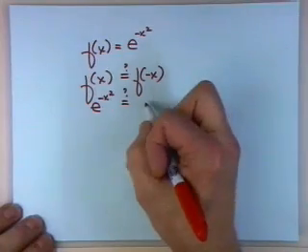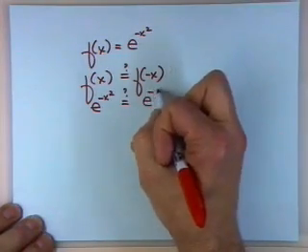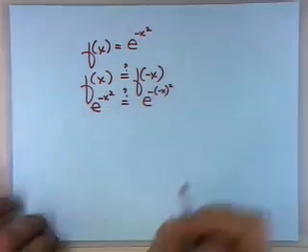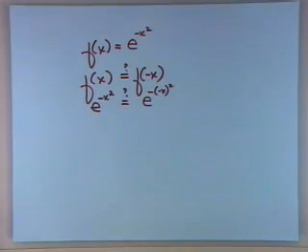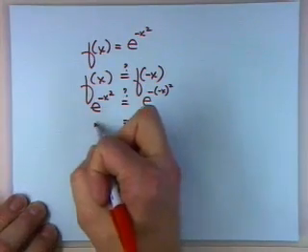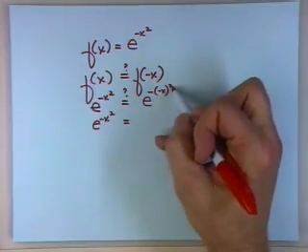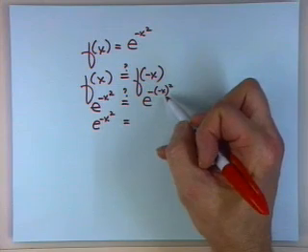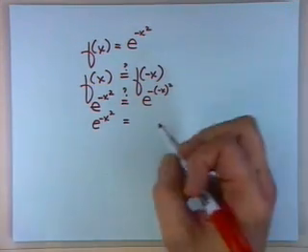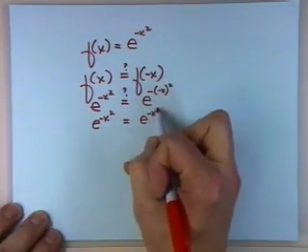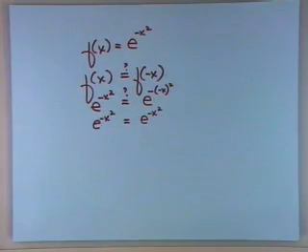And f of negative x says that I'm going to put a negative x wherever there's an x and do to negative x what was done to x. So if I square negative x, isn't that the same thing as x squared? Right? So left side and right side are the same, so that is an even function. And if we sketch that, we should expect to get symmetry with respect to the y-axis.